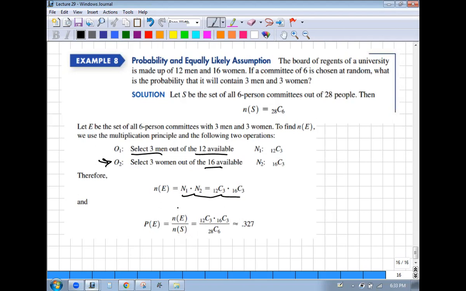So our probability is the number of events that fit our criteria divided by the total number of events, the total possible number of committees you could have, and you divide, and you get a reasonable number, 0.327. If you get like 15, you did something wrong. When you're doing probabilities, this number had better be between 0 and 1, otherwise you screwed something up, all right?